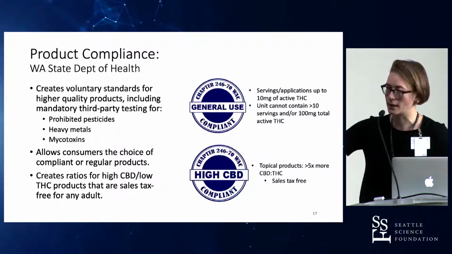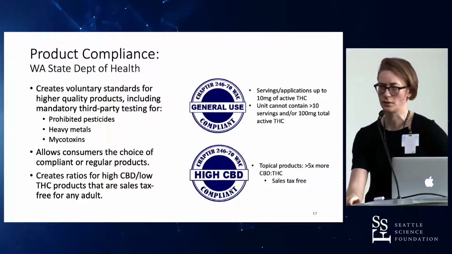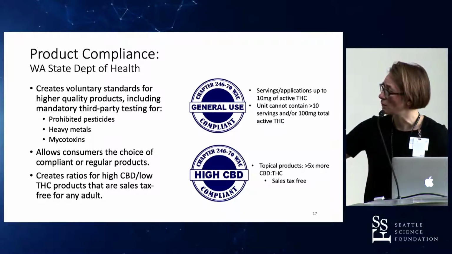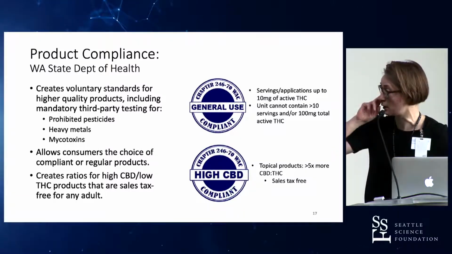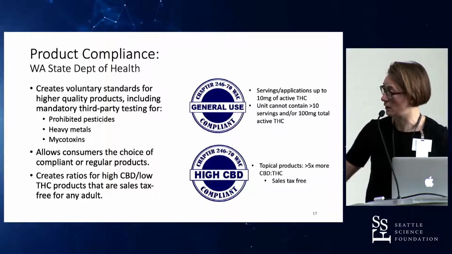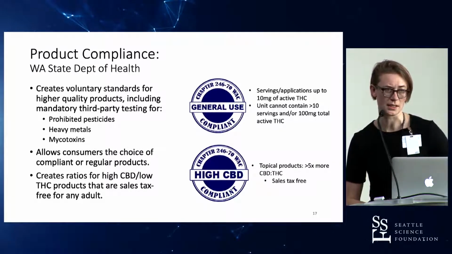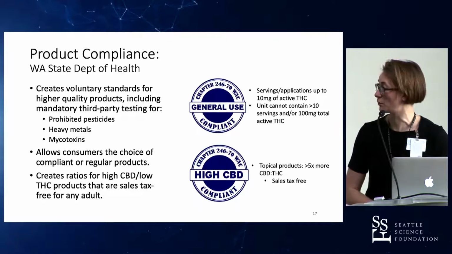And as far as standards of products, we like to know what patients are taking. And so Washington has a product compliance unit, and it's just more stringent testing as far as consistency within products.